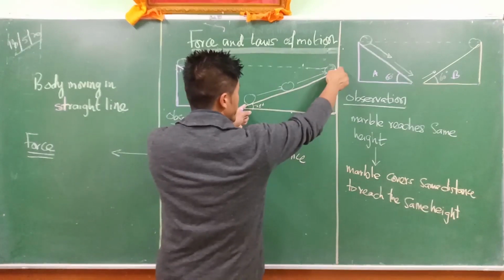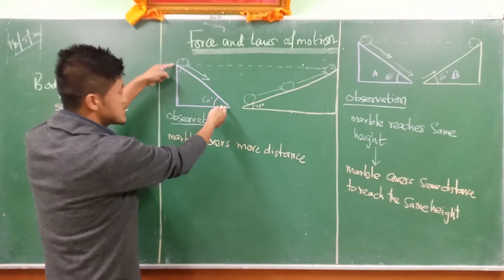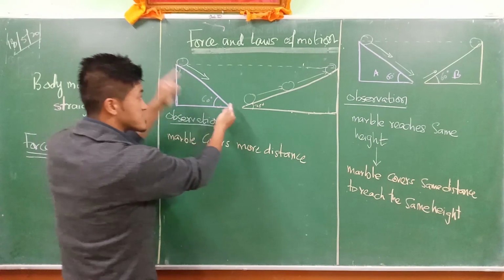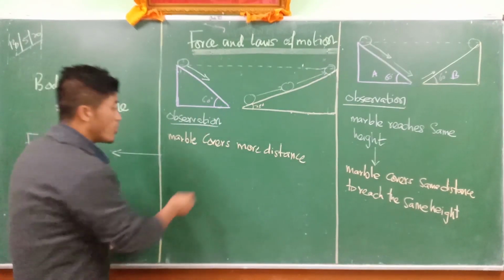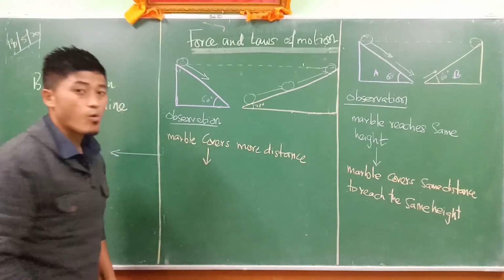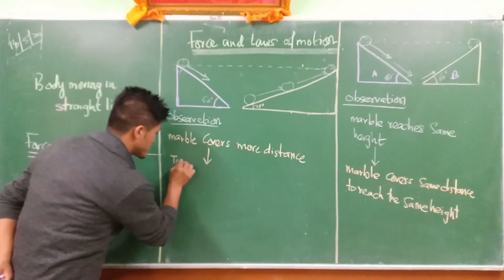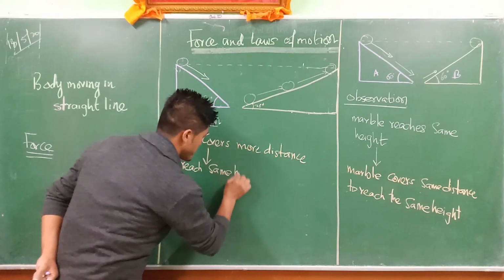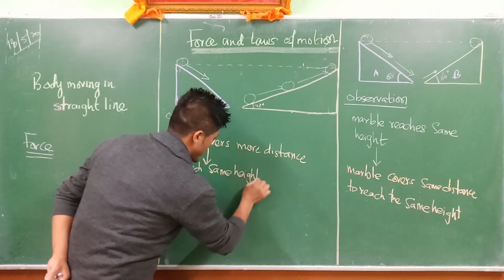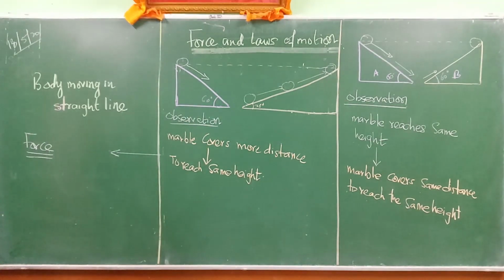From here to this point here, more distance. Over here maybe 5 centimeters. Now this could be like 8 or 9 centimeters, something, right? Suppose. More distance to reach the same height. Understand? This is the second one.